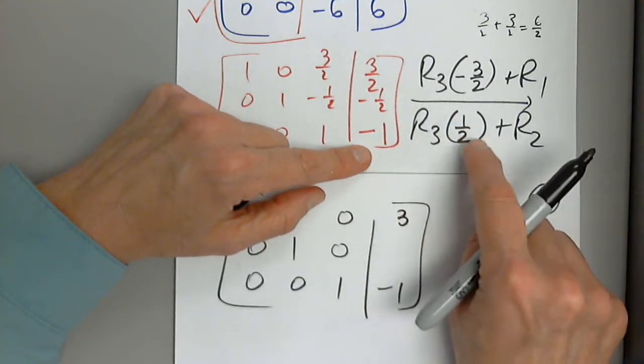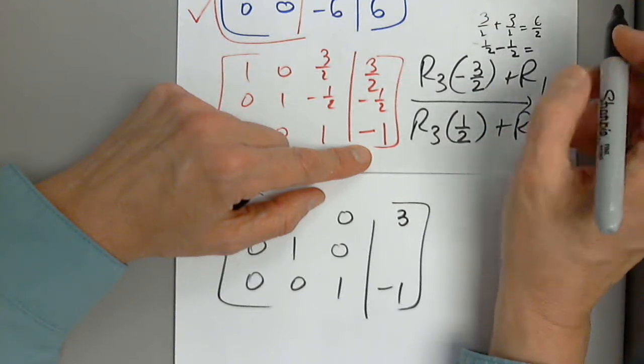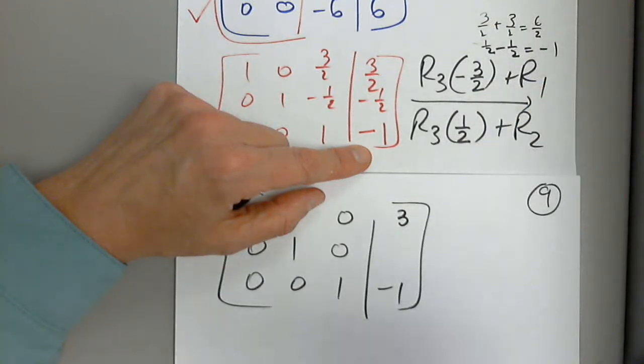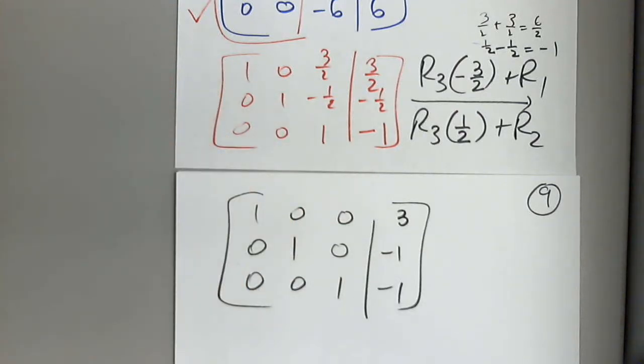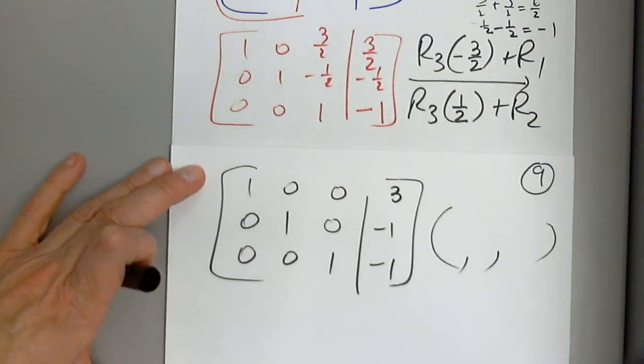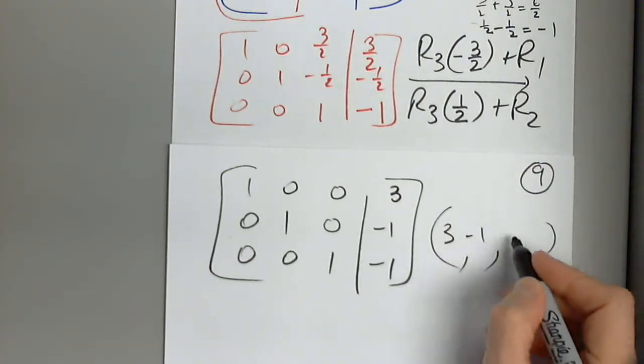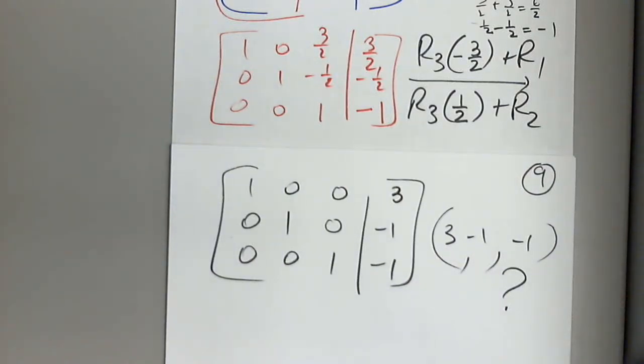Negative 1 times 1/2 is negative 1/2 minus 1/2 is negative 1. It appears so easy to make an error, but it appears that the solution is 3, negative 1, negative 1. So this one took us like 3 minutes.